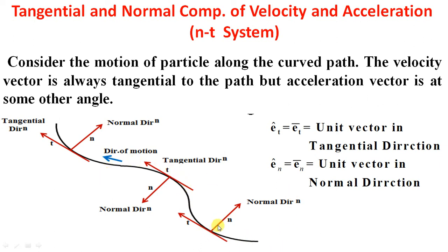Here the normal component is toward the center of the curve. Now when this vehicle is moving from this point to the next point, the normal component will change its direction, that is, it comes towards the center of the curvature, and the tangential component is always tangent to the curved path.